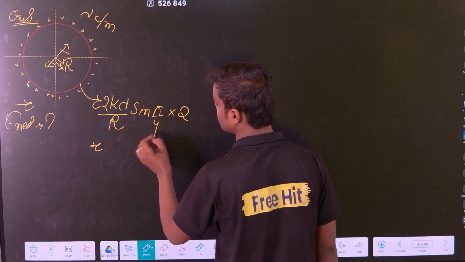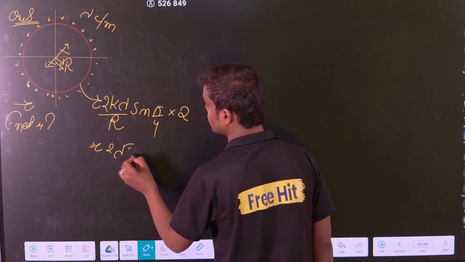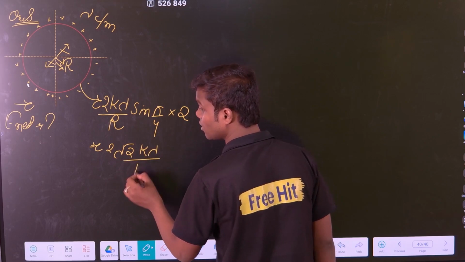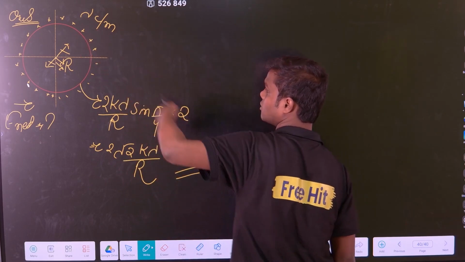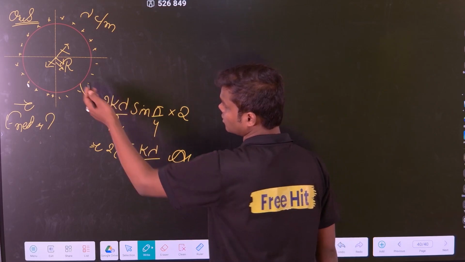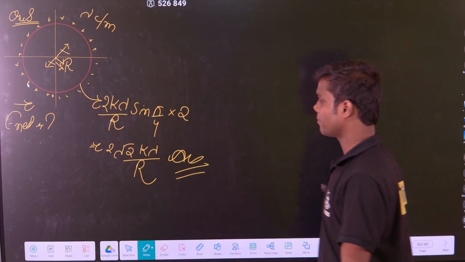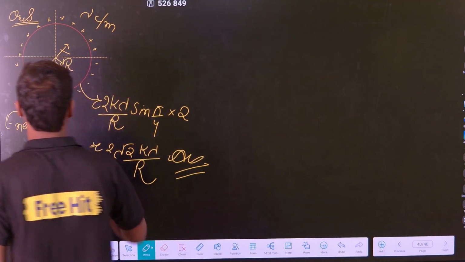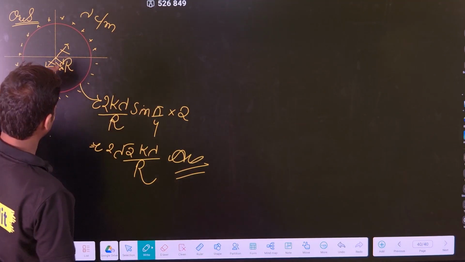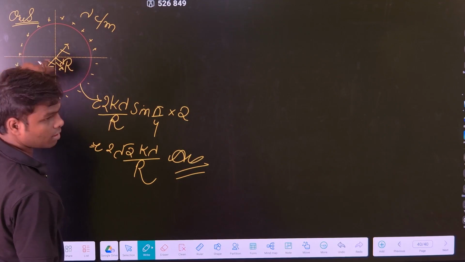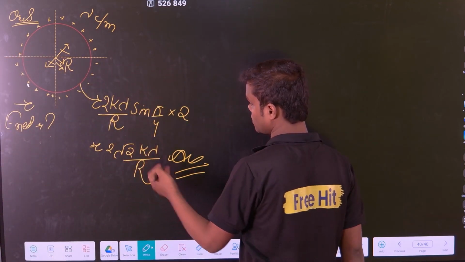So this will become 1 by root 2, so it will become 2 root 2 k lambda by R, correct? Simple. What is the direction? It is in this direction, like this, at a 45 degree angle from the horizontal, basically. That is why we are getting root 2 here. So this is my E net. Clear?